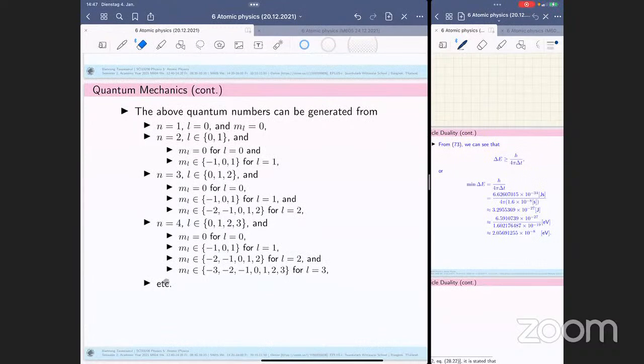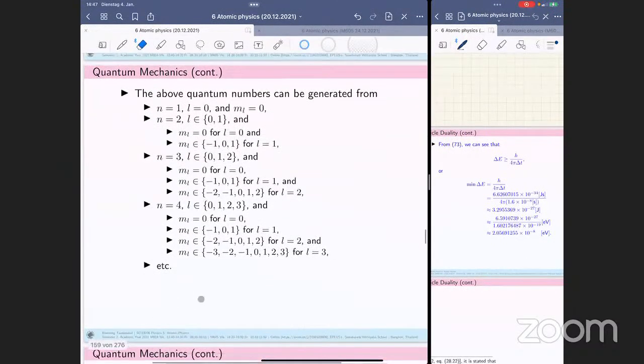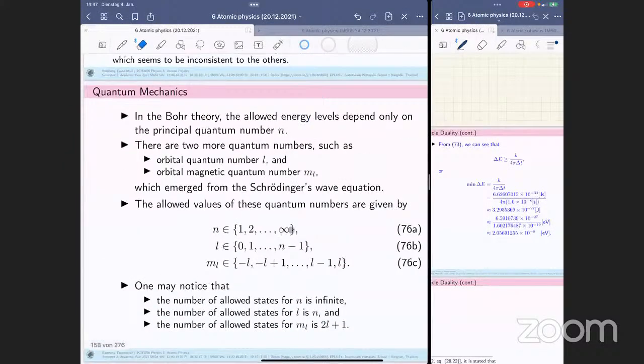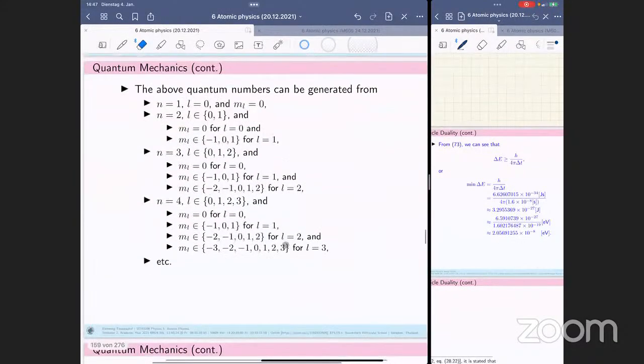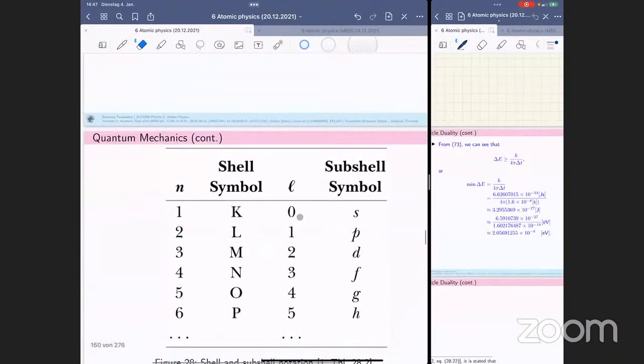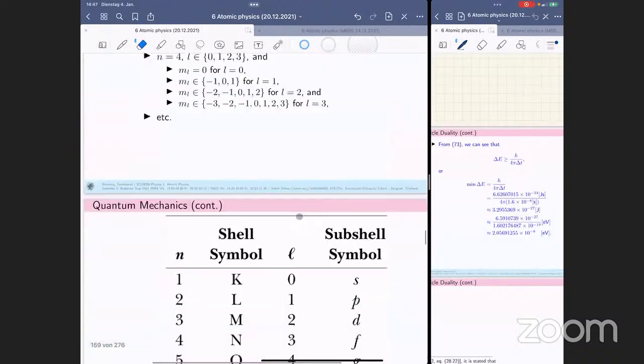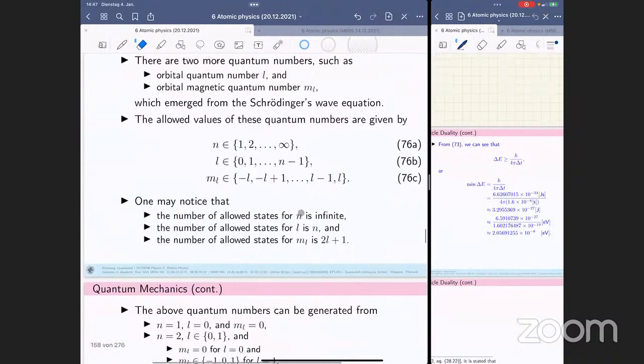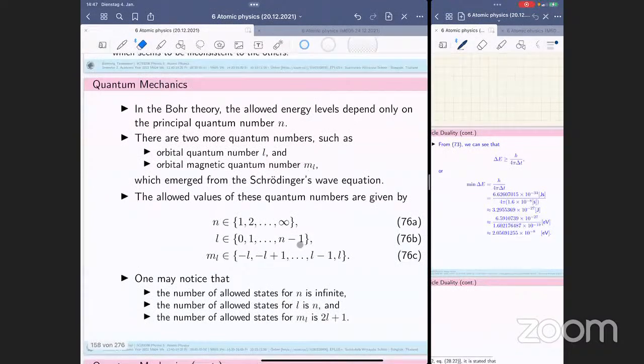You could also write down here n equal to 5, n equal to 6, 7, and so on. And it has no limit because n could reach infinity. But one important thing is that you start from the basic thing, the n, L, and ML, but it's not only that.